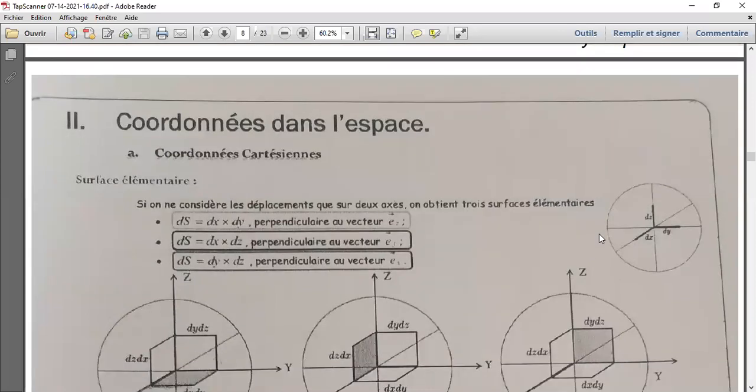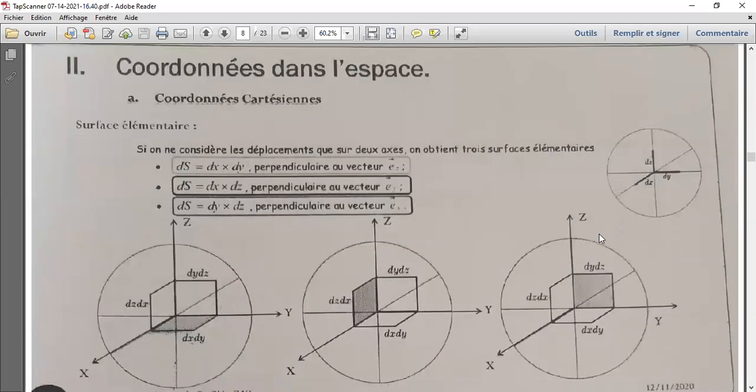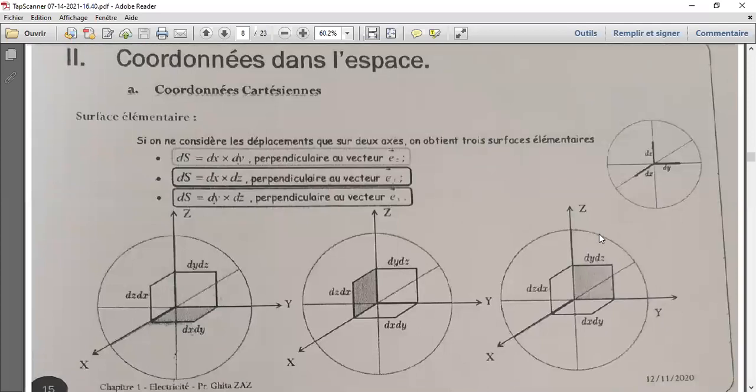So we are always on Cartesian coordinates. Now, how do you calculate the elementary surface? This is a bit different, though not really that much different.